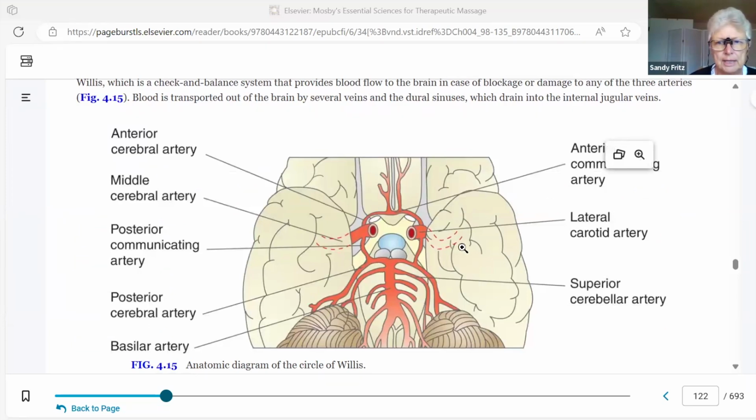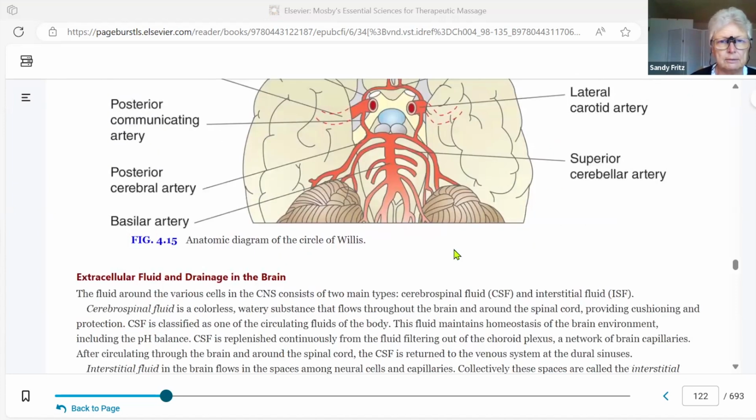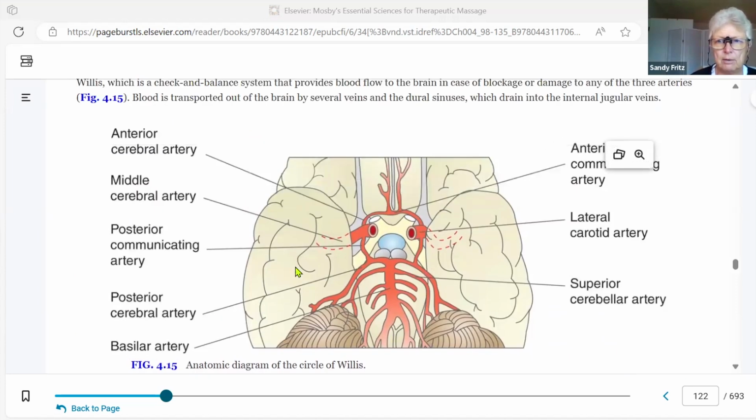So this area here is going to talk about the blood flow to the brain, and knowing the location of how the vessels enter into the skull itself is important. They're back here on the back of the neck. If we apply too sharp of a pressure and too long of a pressure in here, those vessels that enter into the circle of Willis are surface enough that we can crimp the tube and slow down blood flow to the brain.